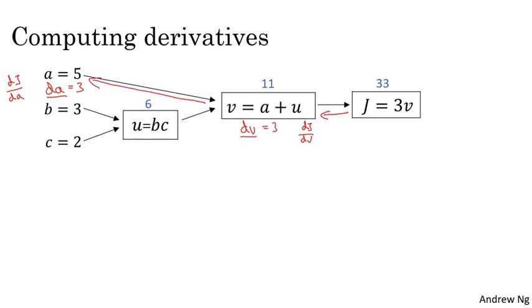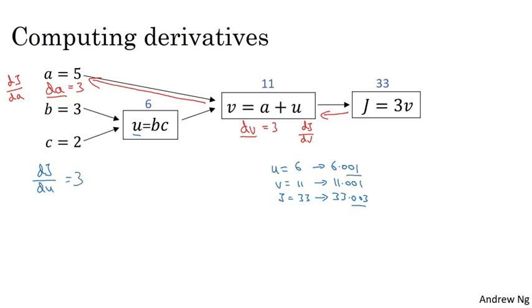Now let's keep computing derivatives. Let's look at the value u. So what is dJ/du? Well, through a similar calculation as what we did before, we start off with u equals 6. If you bump up u to 6.001, then v, which was previously 11, goes up to 11.001, and so J goes from 33 to 33.003, so the increase in J is 3x.